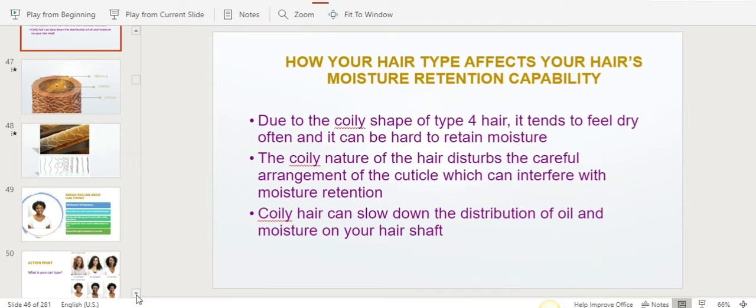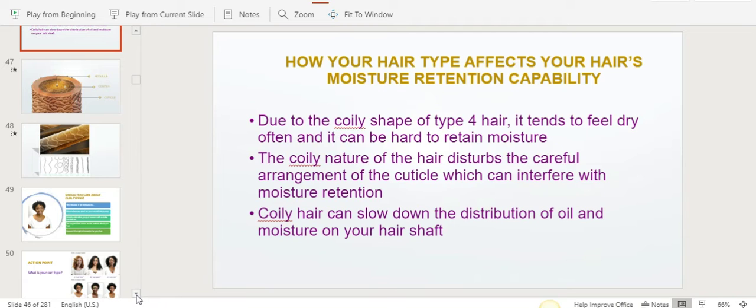Also, the coily nature of your hair disturbs the cuticle arrangement on your hair shaft. I'm going to be showing you an image to show you what that looks like and why your hair is always so dry. And also our curly hair can sometimes slow down the distribution of oil and moisture on our hair shaft.